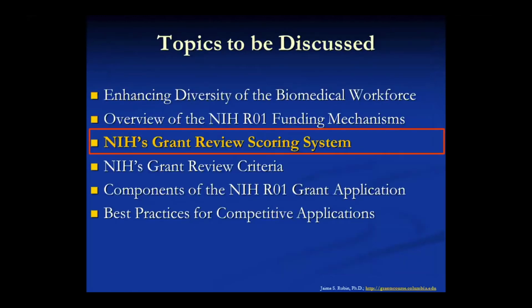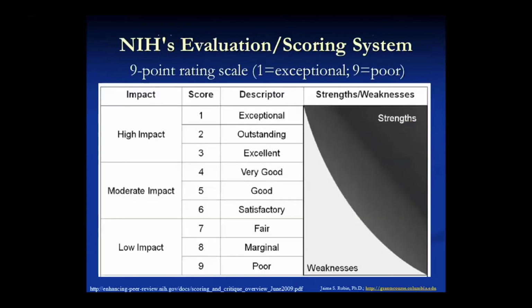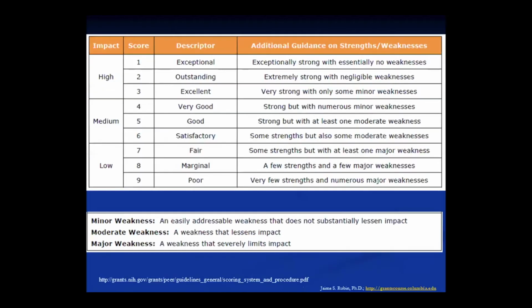All right, so moving to the next section, what happens when the grant is reviewed at a study section? What happens when the grant is reviewed by the reviewers? So there's what's called the impact score or the overall impact score. It's 1 to 9 whole integers. So this is one of NIH's representations.